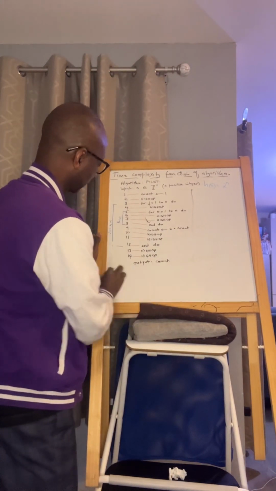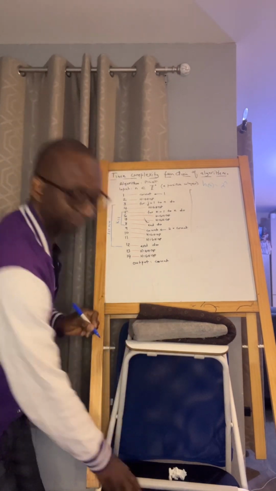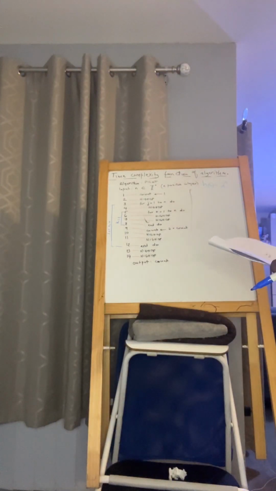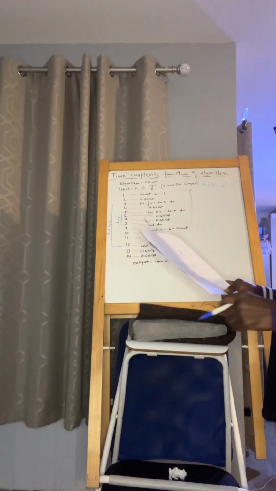So now let's look at the second question. Let me read it. The second question says, either h of n is in big O of g of n, or g of n is in big O of h of n.